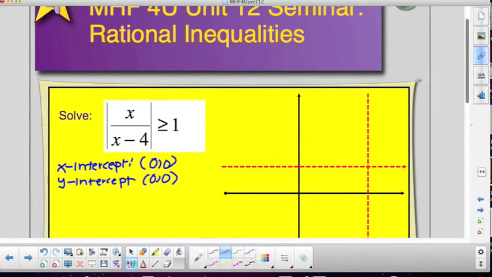We have a vertical asymptote when x is equal to positive 4, and a horizontal asymptote when y is equal to positive 1. So y is equal to positive 1. Here x is equal to 4. I know my x-intercept and my y-intercept are the same. If we filled out the entire table, you're going to find that the graph looks like this.